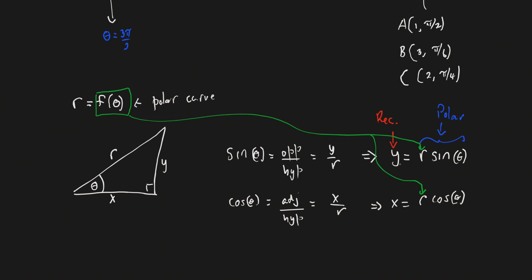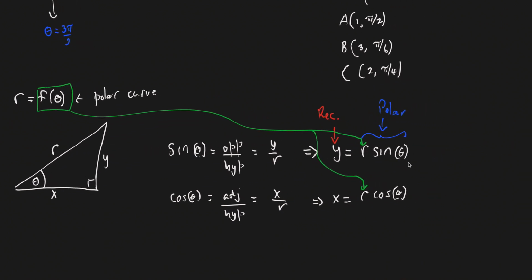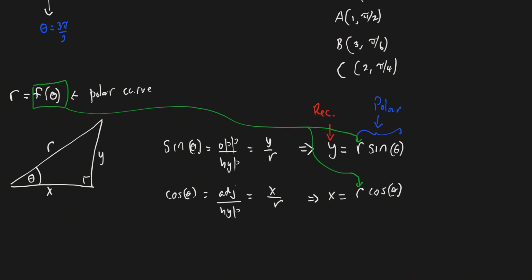In fact, let's go ahead and do that. So I'm going to write another equation now. I'm just replacing r with its function in terms of theta. So it's f of theta sine of theta. And then here I have f of theta cosine of theta.